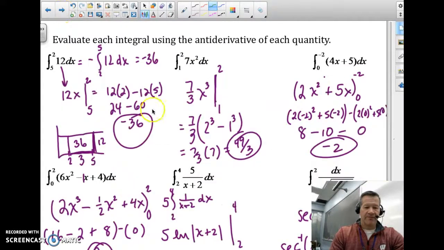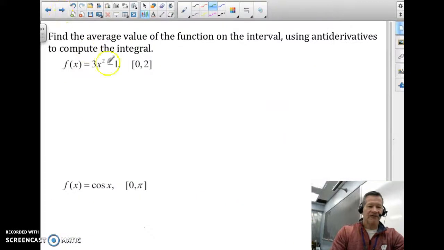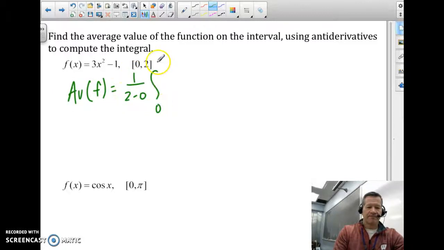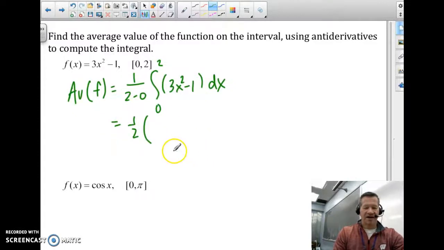Let's try another one. Find the average value of the function, this time using antiderivatives. So I want to find the average value of f. I'm taking 1 over b minus a times the integral from a to b of 3x squared minus 1 dx. This time I've got 1/2, and we want to find the value of the integral using antiderivatives.